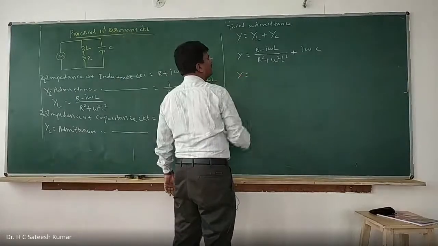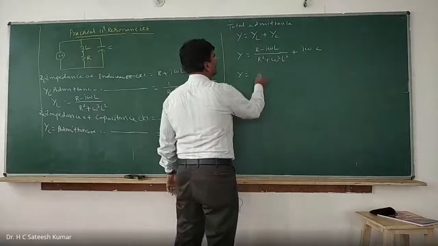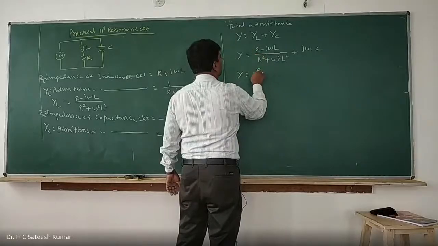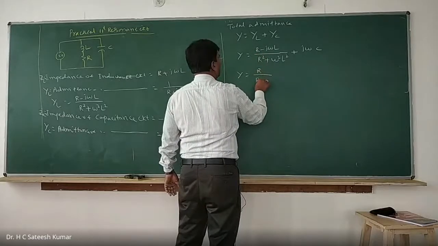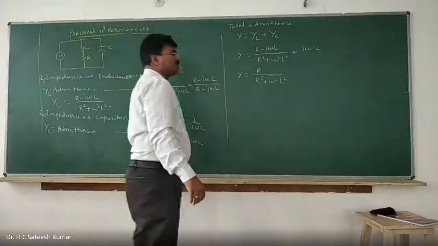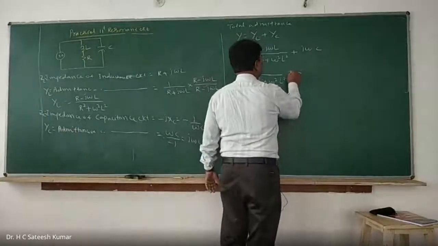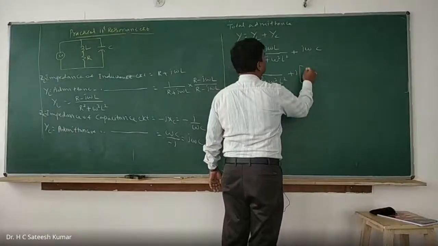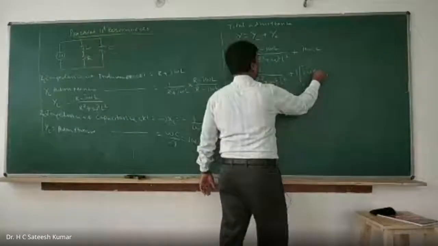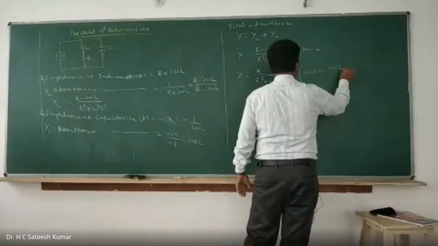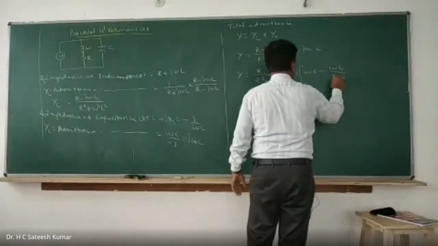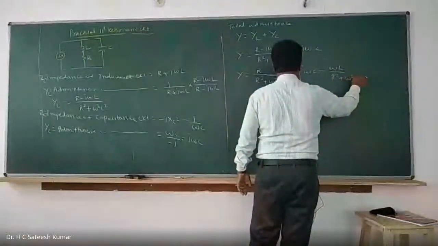Y is equal to, the real part is R divided by R squared plus omega squared L squared, and the imaginary part, plus j into omega C minus omega L divided by R squared plus omega squared L squared.